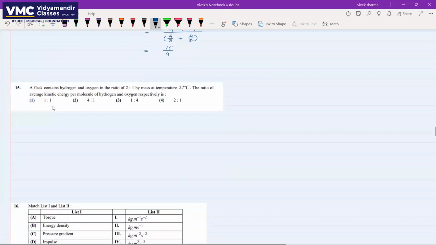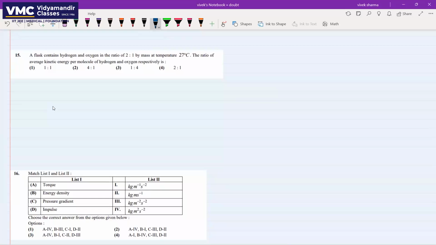Now moving to question number 15. It says a flask contains hydrogen and oxygen in the ratio 2:1 at temperature 27 degrees centigrade. Find the ratio of average kinetic energy per molecule. Kinetic energy per molecule, as we know, is f by 2 kT, where f is degree of freedom, k is Boltzmann constant, and capital T is temperature.